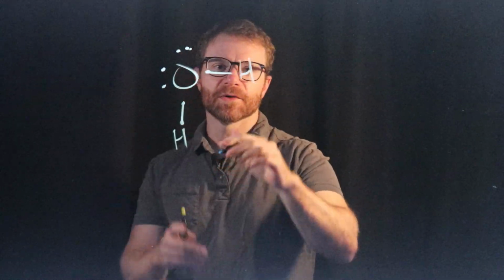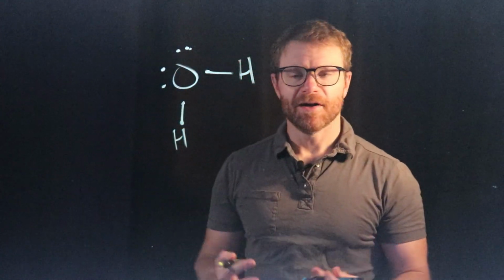Before I talk about the structure of ionic compounds, I'm going to talk about the structure of covalent compounds. Covalent compounds, such as water, for example. So here's my oxygen, surrounded by 6 electrons. It can form 2 bonds to hydrogen. And so let's do that now. And so we have 2 hydrogens stuck on an oxygen.